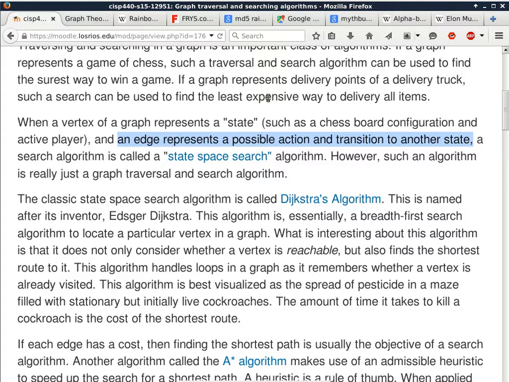That move is an edge to take you out of the state where you are and lead you to the next state because things have changed. Chess pieces have been taken or at least been moved. So that's how a state space is looked at. It's just a graph where each vertex is a particular state of the system.